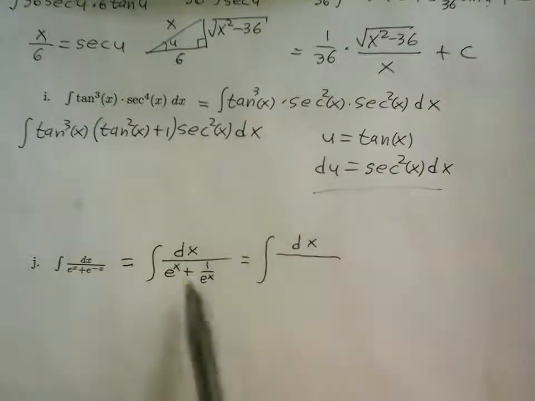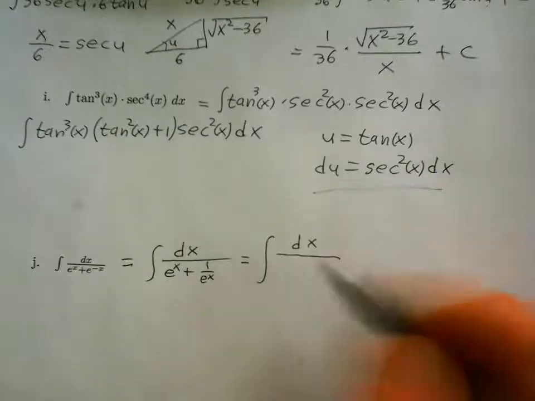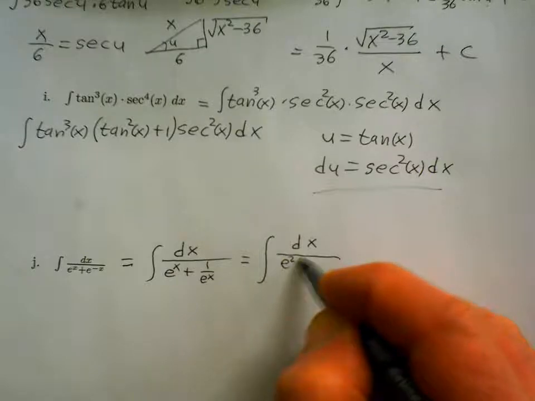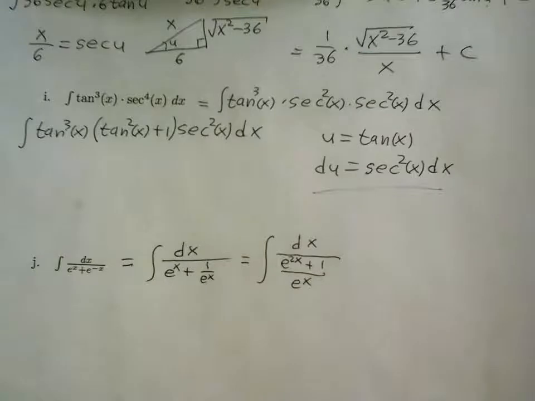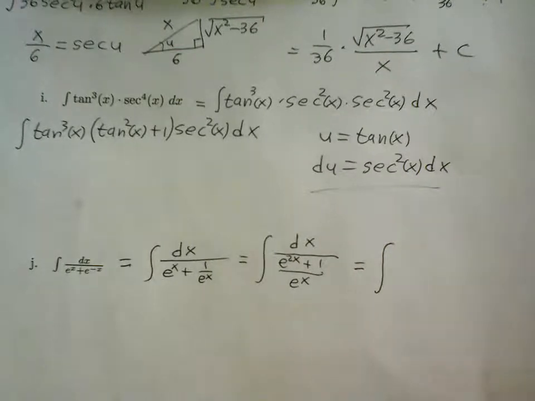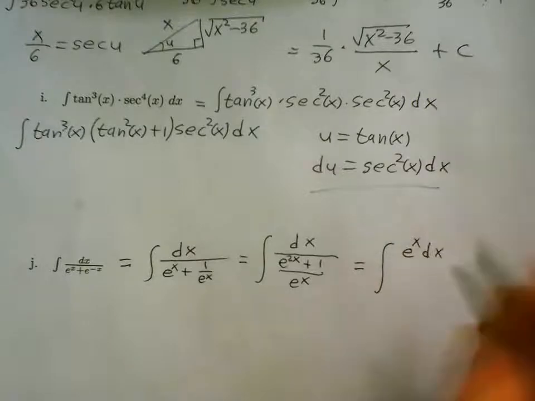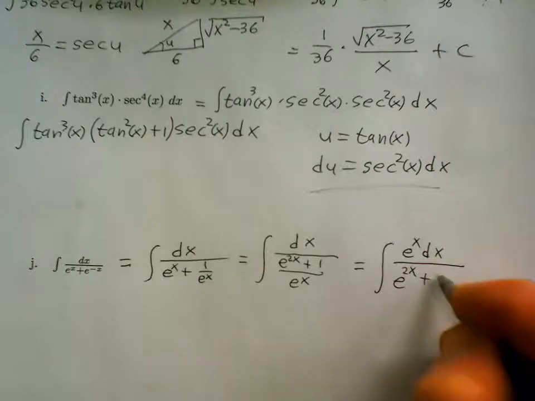And then if we have a common denominator of e to the x, we'll get dx over e to the 2x plus 1 over e to the x. And then we can simplify this complex fraction by writing this as the indefinite integral of e to the x dx over e to the 2x plus 1.